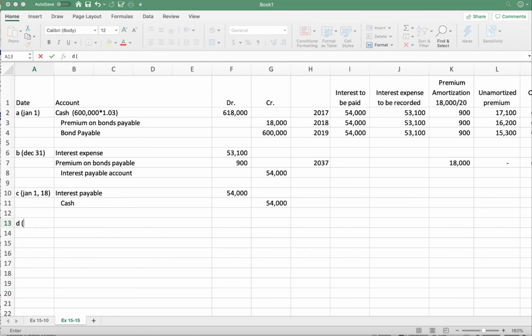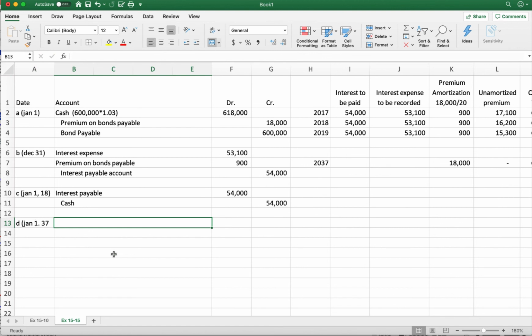So D says, on January 1, 2037, what's the journal entry? Well, that's easy. I need to get rid of my bonds payable for how much?